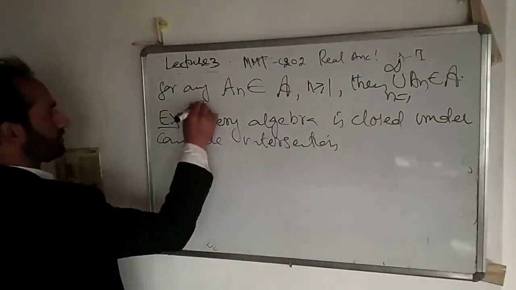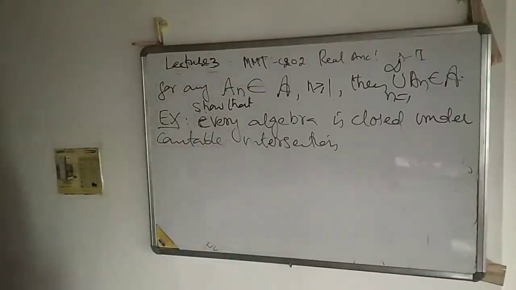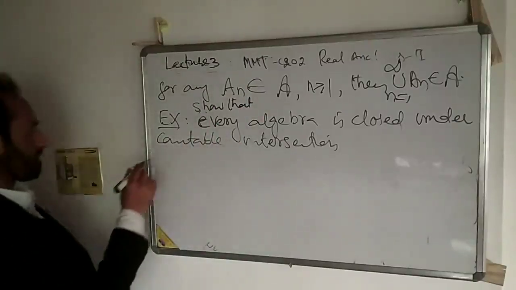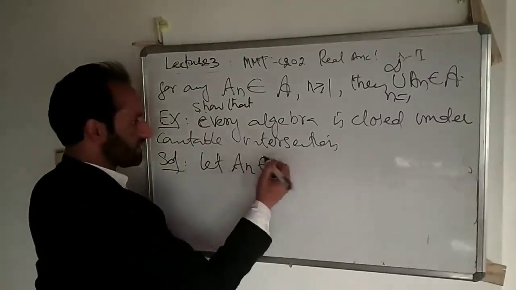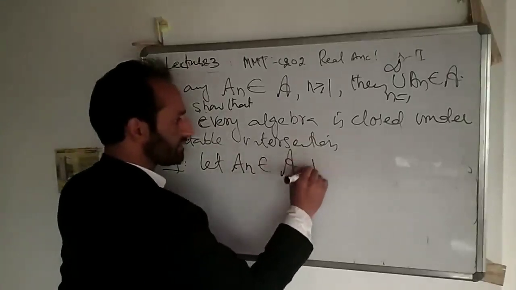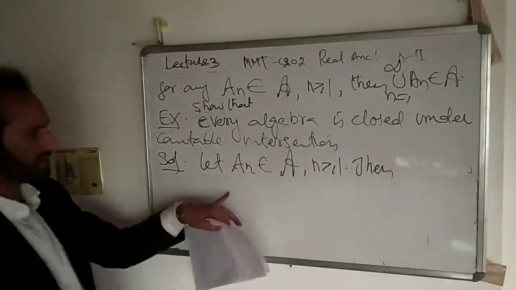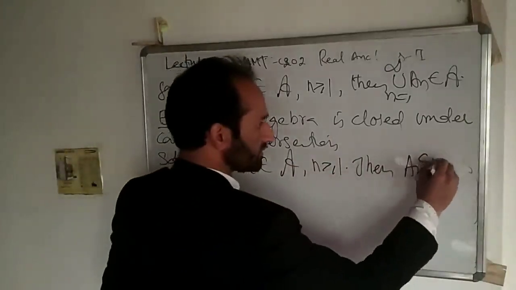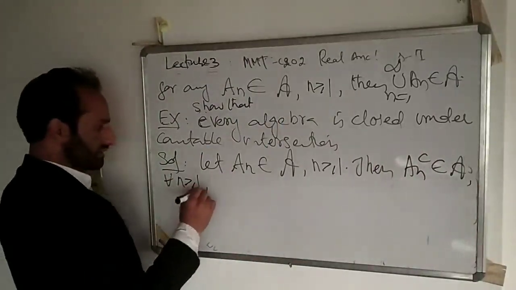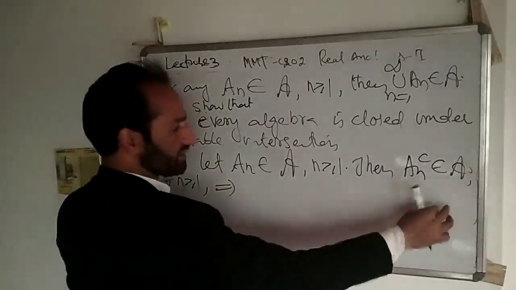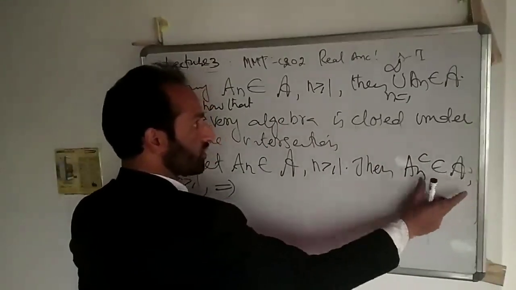Show that every algebra is closed under countable intersection. Solution. Let A_n be any countably many members of the algebra. Since the algebra is closed under complementation, A_n complement belongs to A for all n greater or equal to 1. Now, this is a Sigma-Algebra, so it's closed under countable union.